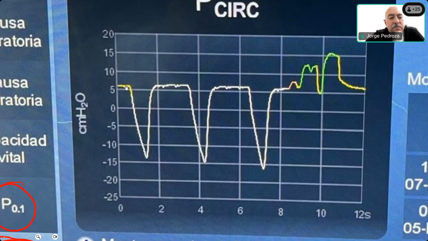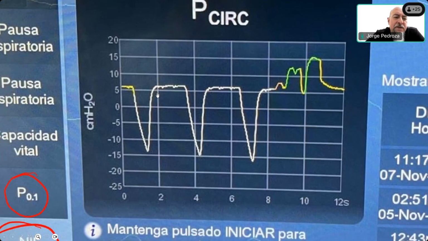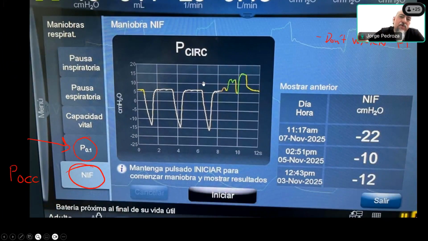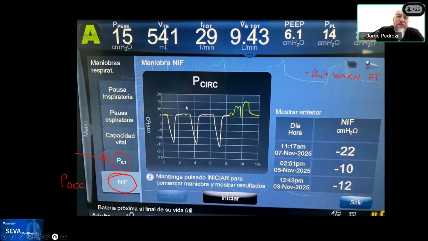So the pause must have ended at the end of the first effort, and it's a little higher. What happens here is that if we do the expiratory pause very long, the patient will increasingly do more effort with each one of the efforts, so this minus 22 is way lower than the first one.